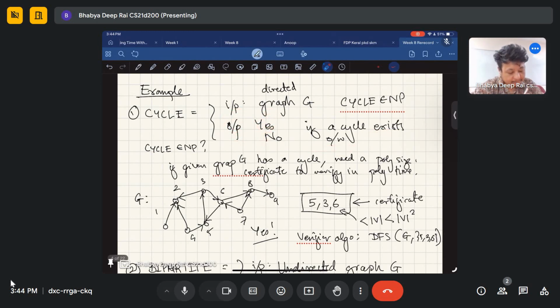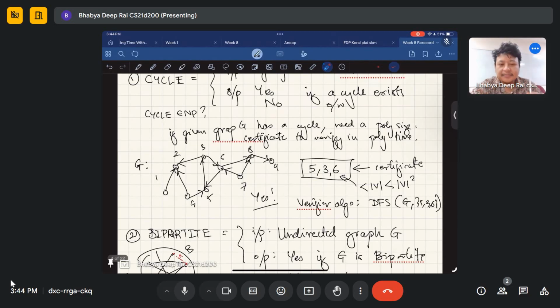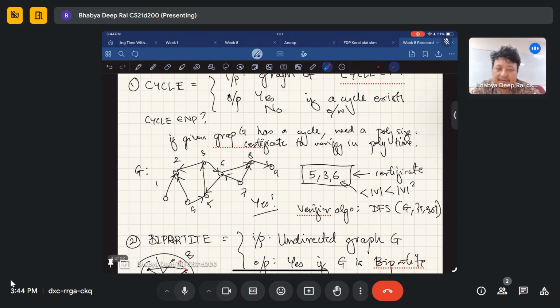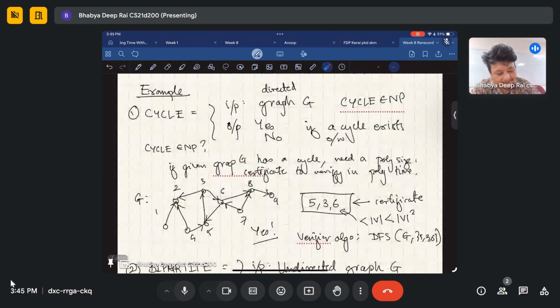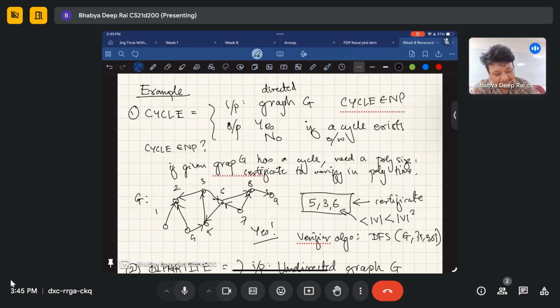So how do you do that? Finding an algorithm for it is something else, but let's say I want to find whether there is a cycle or not, and the graph may not be connected. What is the idea?